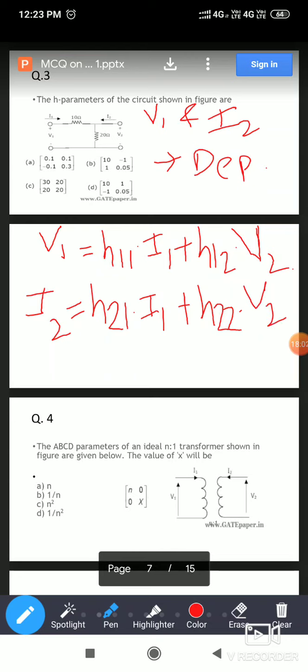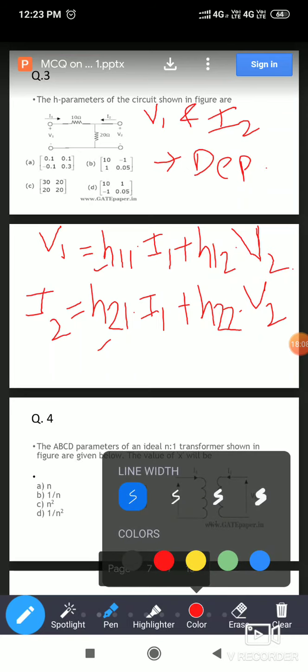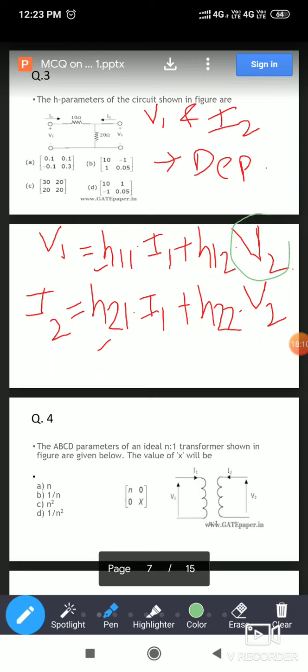Then if you want to find out H11 and H21, you need to put the condition V2 equal to 0. If you put V2 equal to 0, then you will get 2 parameters, H11 and H21.